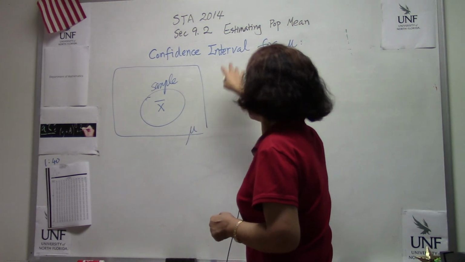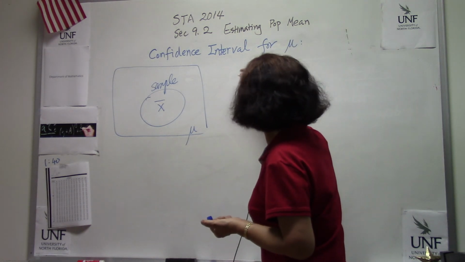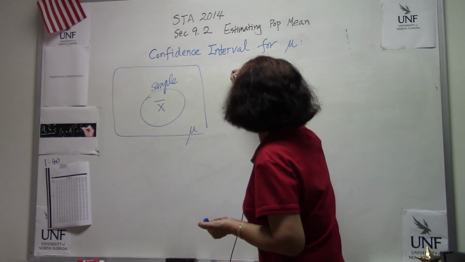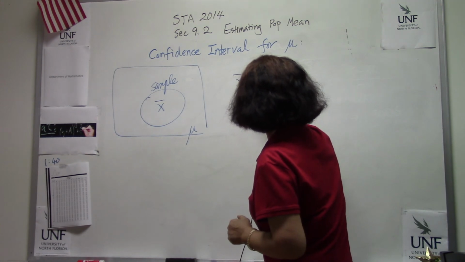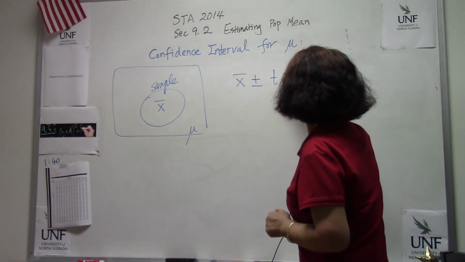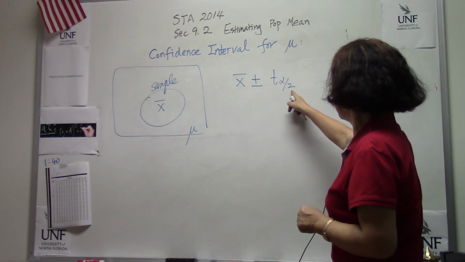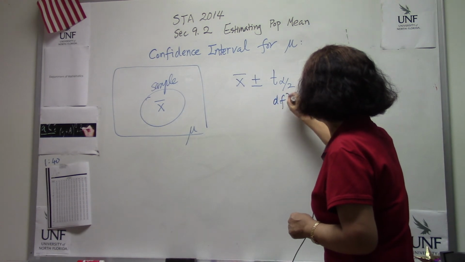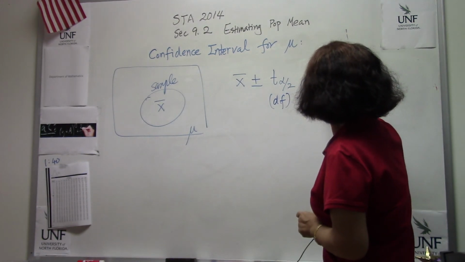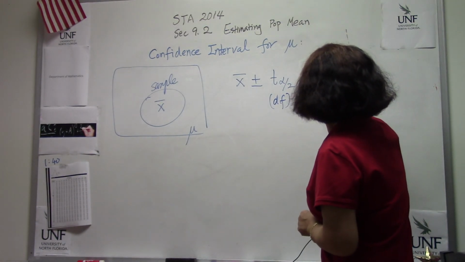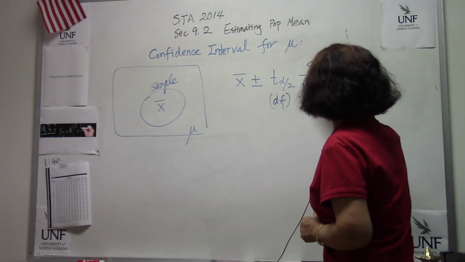In order to do that, we can make an interval for mu. So mu is x bar plus or minus t sub alpha over 2, as we did with z sub alpha over 2, considering the degrees of freedom all the time, times s over square root of n.